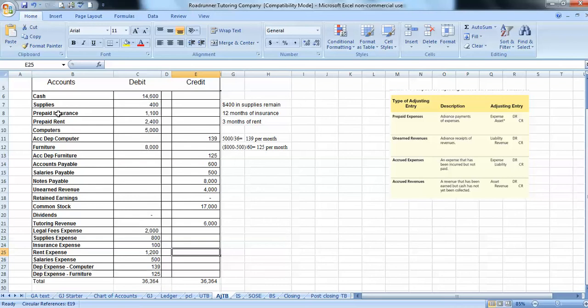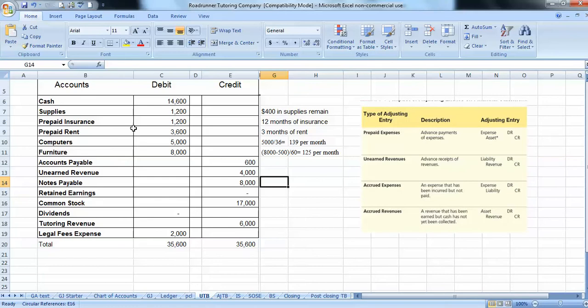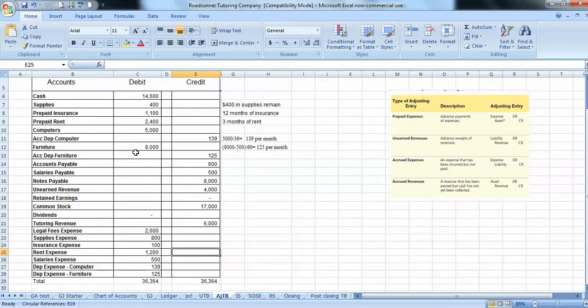And we had noted that the difference between the unadjusted trial balance and the adjusted trial balance were the additions of accounts such as accumulated depreciation on the computer and furniture. And note, when I say it's a contra asset, assets have a normal debit balance.